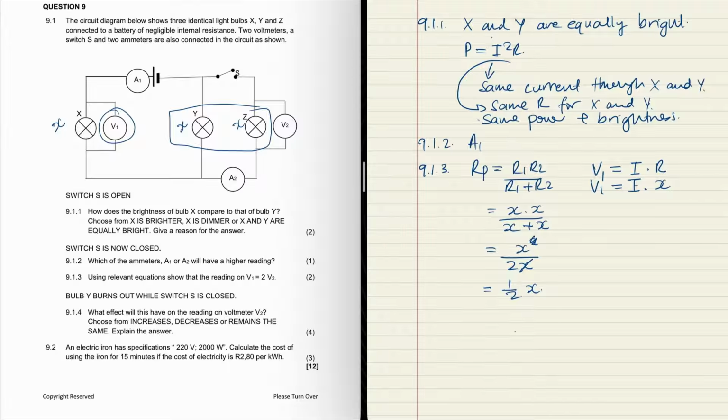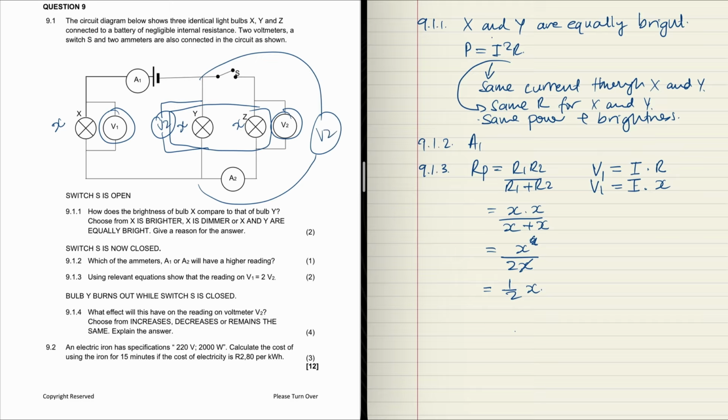Then, if you want to figure out the voltage on V2, because they are in parallel, V2 is going to equal the voltmeter here, which is going to be the voltmeter for the entire parallel branch, because remember, voltage stays the same in parallel. So V2 is going to equal I multiplied by R.